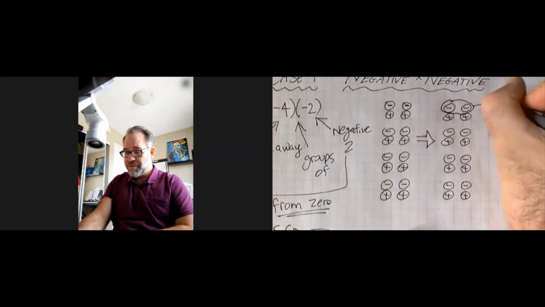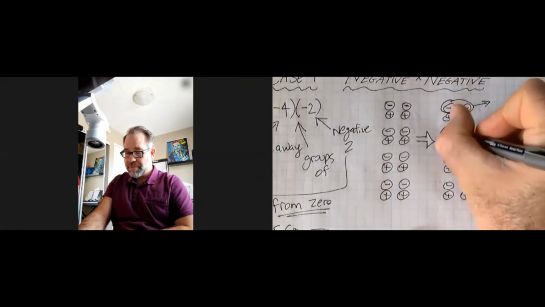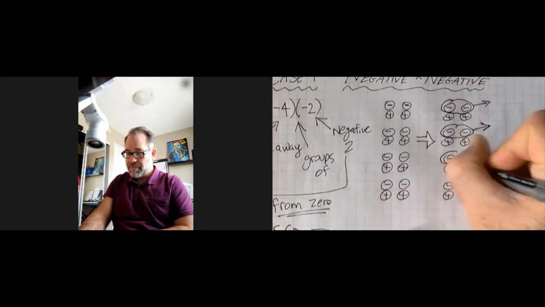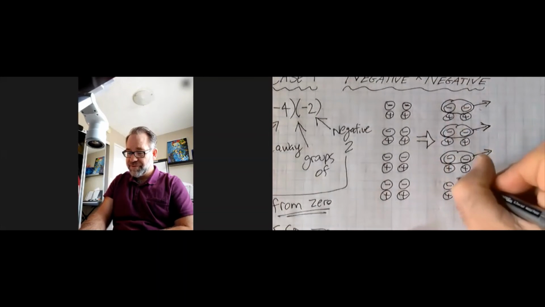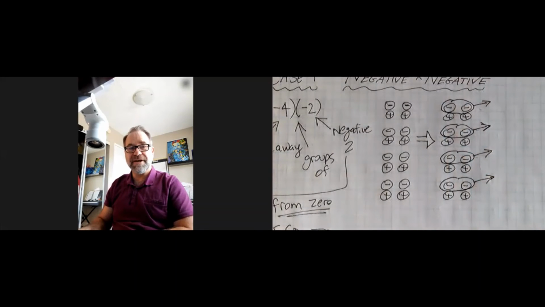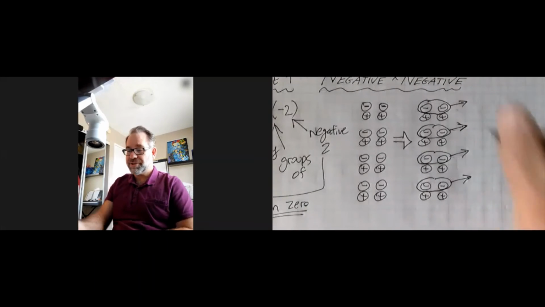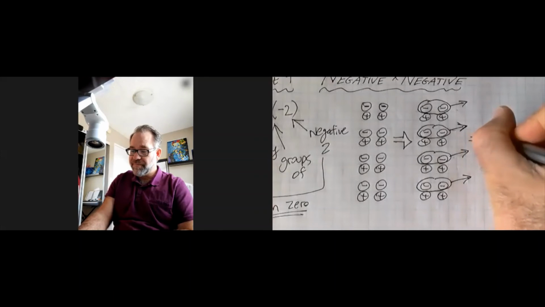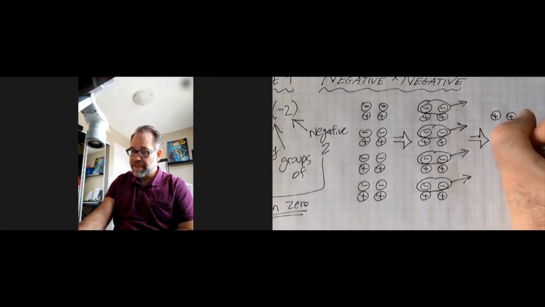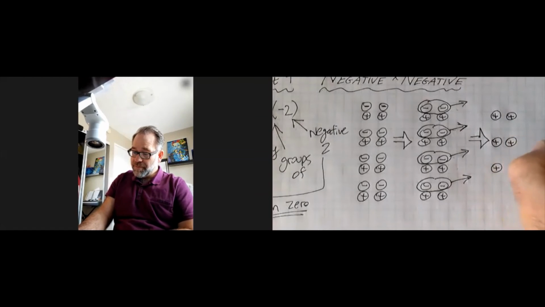So there's one group of -2. There's 2 groups of -2, 3 groups of -2. If I actually had these integer tiles in front of me, I would actually do this. I would set them up for you and remove them, but they are not in my house. They're in my classroom. I don't have access to those. And what would we be left with?